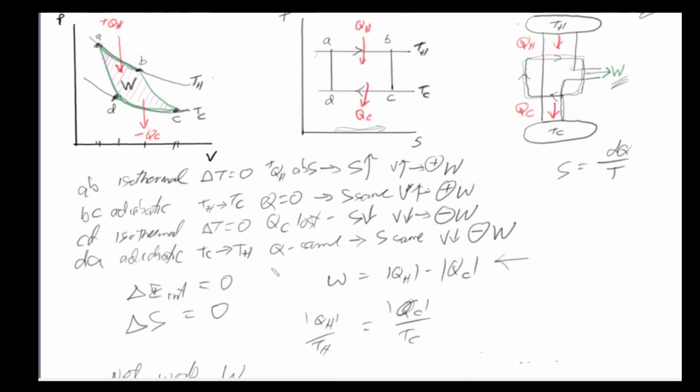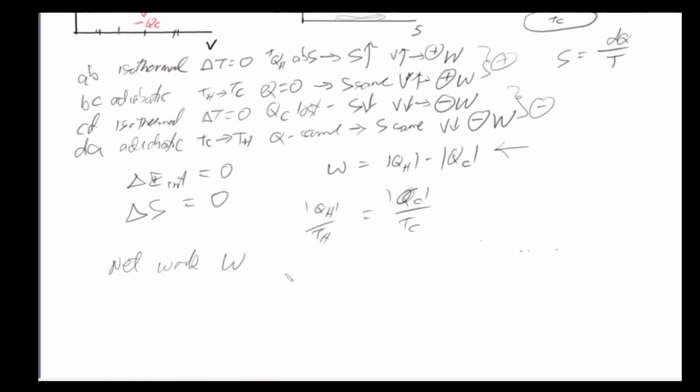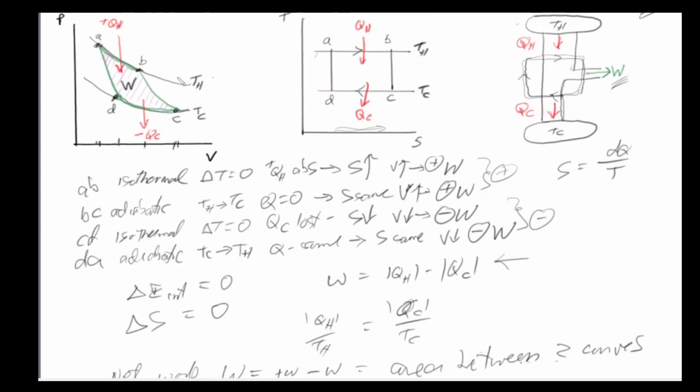If you go back to the Carnot cycle diagram, there's positive work being done from A to B and B to C, and negative work done from C to D and D to A. So our net work is the difference between the positive work minus the negative work, and that's equal to the area between the two curves as shown on the diagram, the shaded area.